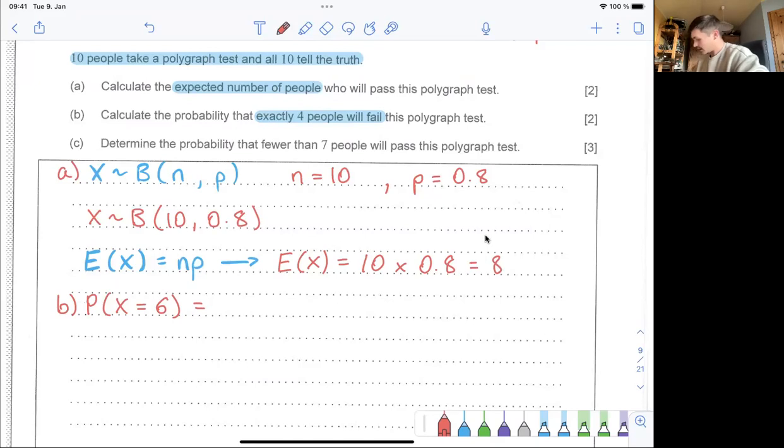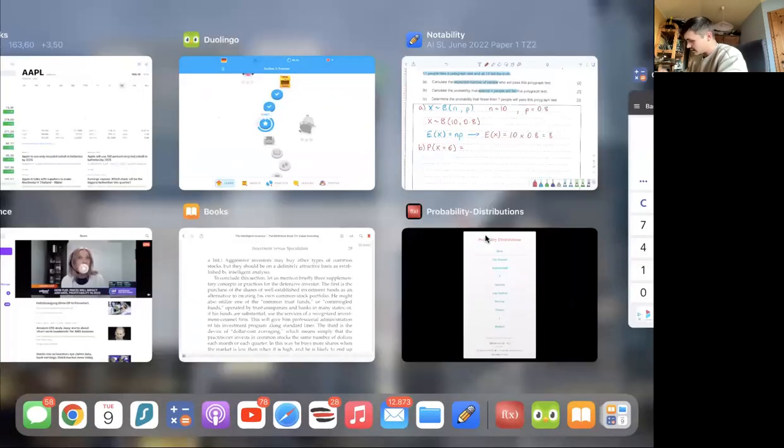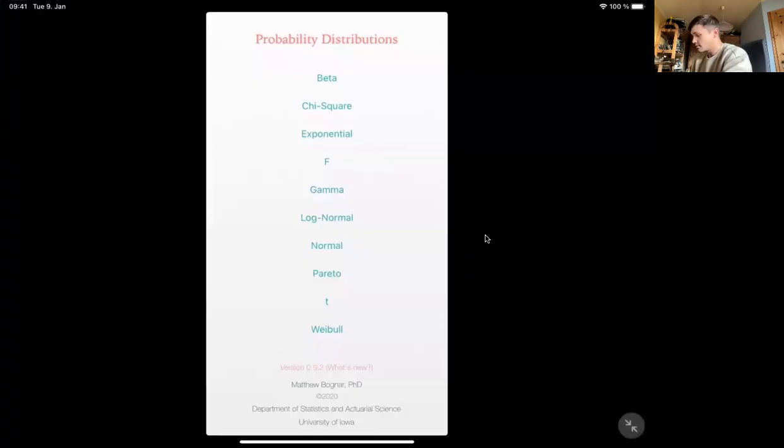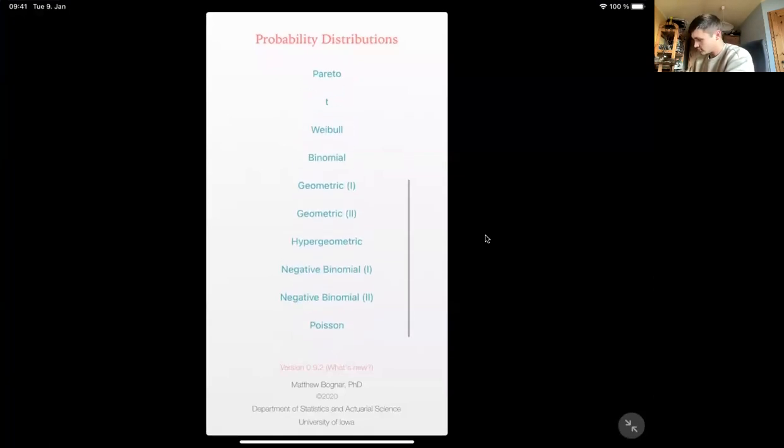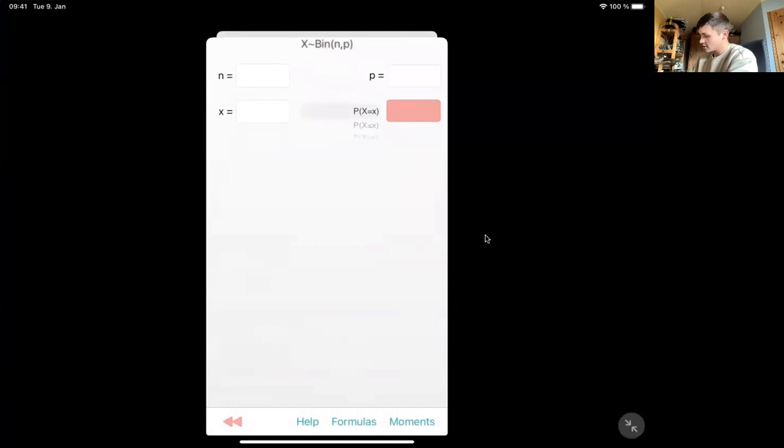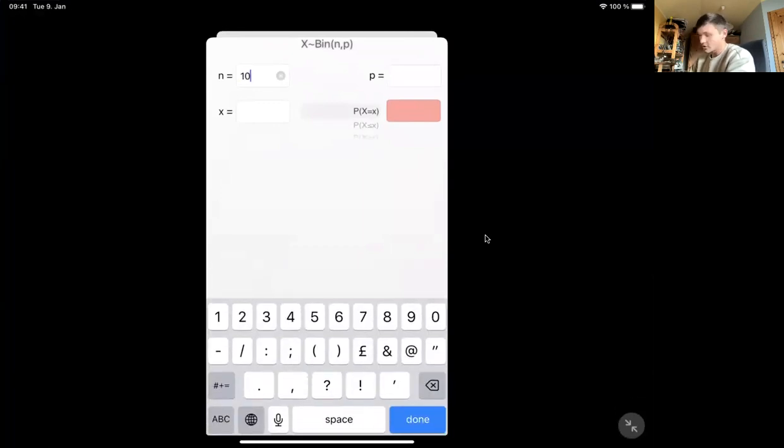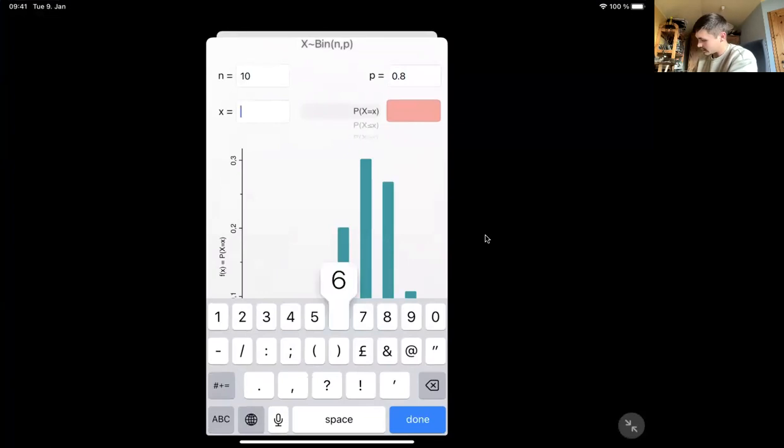So I have this little app here, binomial or probability distributions. We come down to binomial distribution. We had the number of trials being 10, probability of success being 0.8, and X is equal to 6. Make sure you've got X is equal to here.